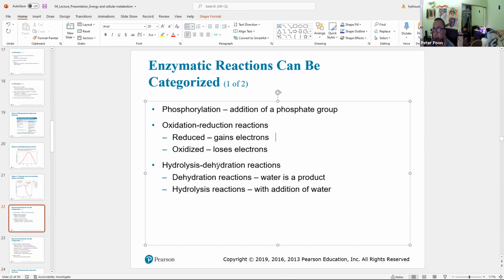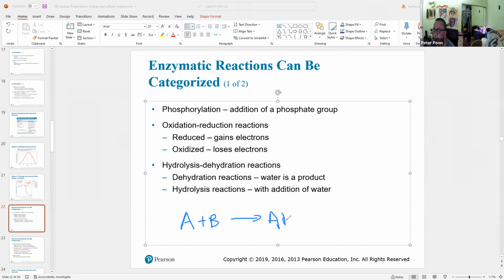Hydrolysis and dehydration are opposites of each other. In dehydration reactions, the water is a product. Usually the concept is dehydration synthesis. I'm taking this thing A and attaching it to B, and I come out with A attached to B, and I have a water.